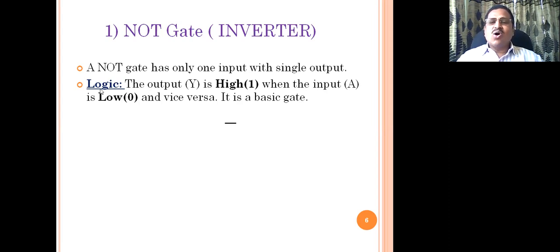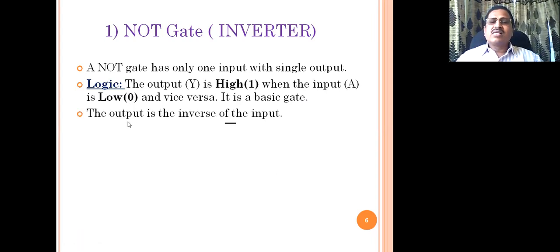We can define the logic used in the NOT gate or inverter with the help of a statement: output is high or 1 when input is 0 or low, or vice versa. That means output is the inverse of the input. If it is 0, it becomes 1. If it is 1, it becomes 0.